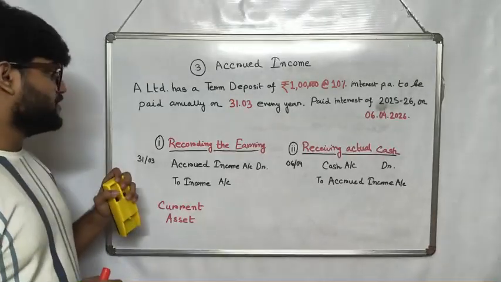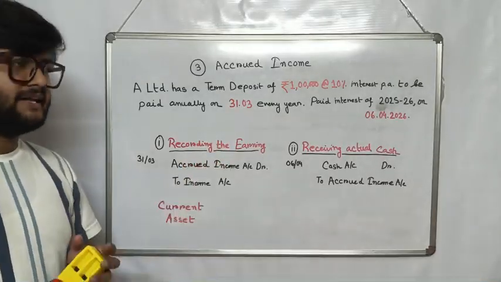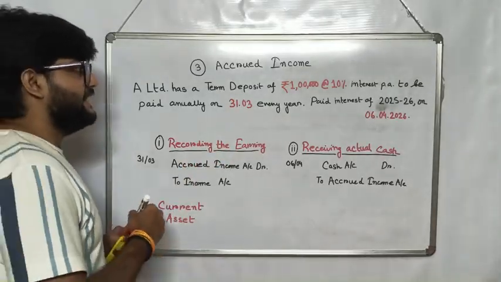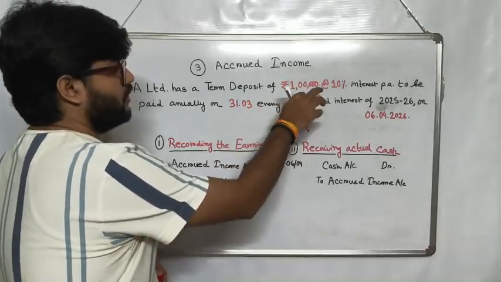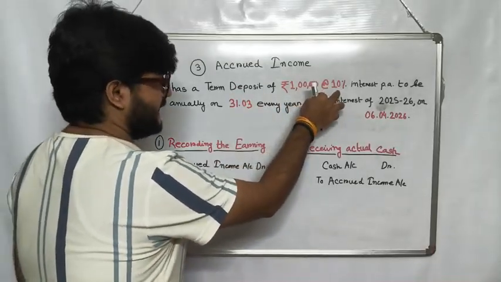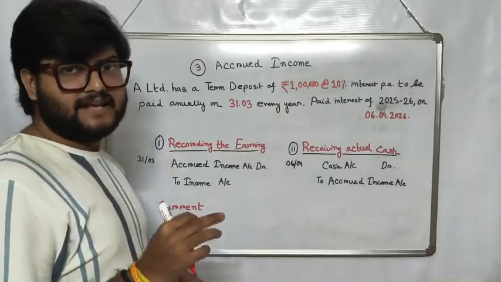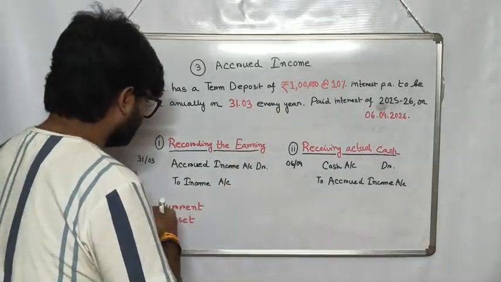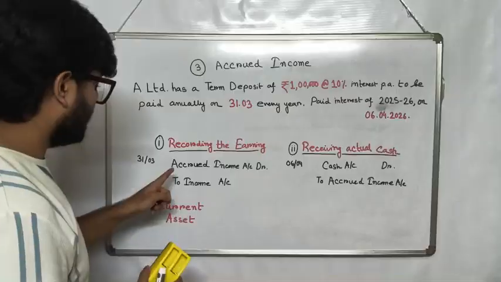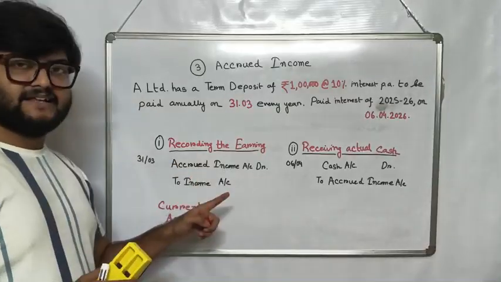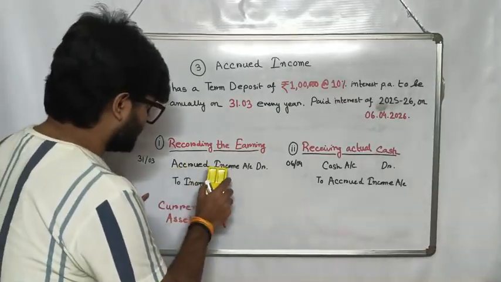On 31st March, we will first record the earning, that is rupees 10,000, because if we calculate 10% interest on 1 lakh, it will be rupees 10,000. So first of all, let's change the account names. Here it will be accrued interest account, so I'm changing it.